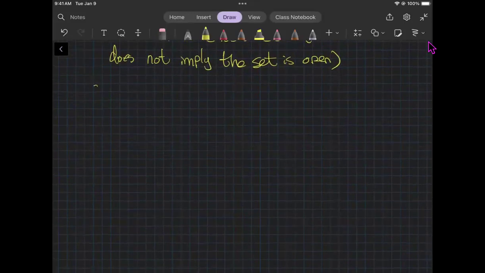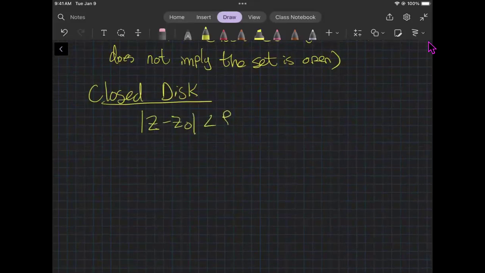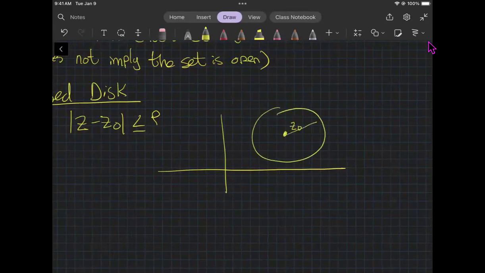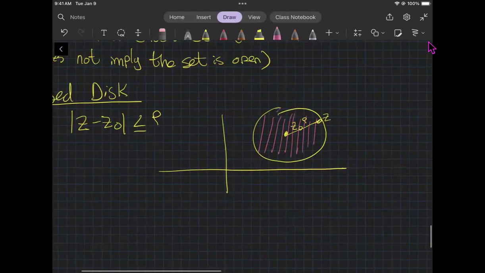So for example, a closed disk. A closed disk is an example of a closed set. So this is what's called a closed disk with center Z naught and the radius is rho. And we're including all the points that are in the interior and the boundary points, right? The interior and the boundary points. So that's a closed set.